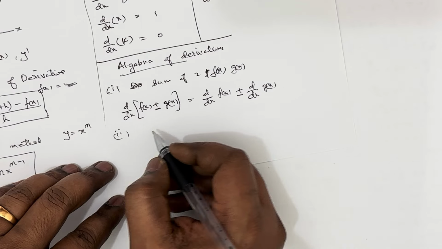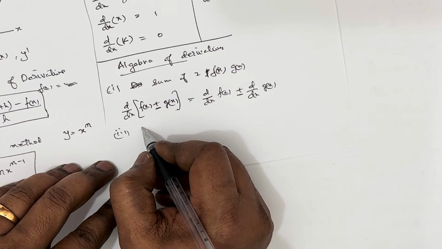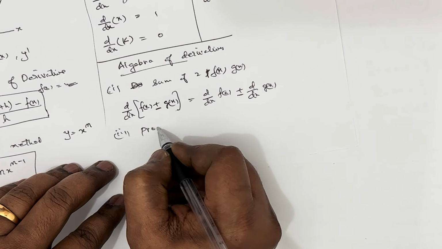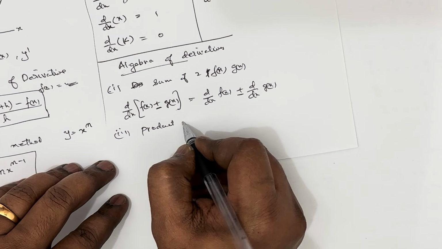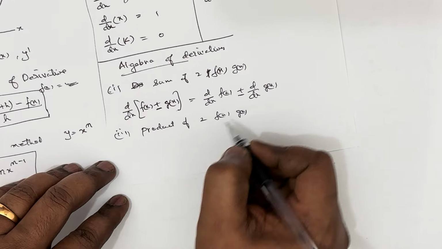Now the third one will be the product of two functions f of x and g of x.